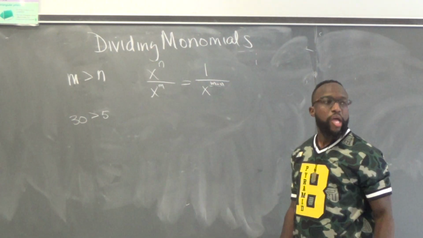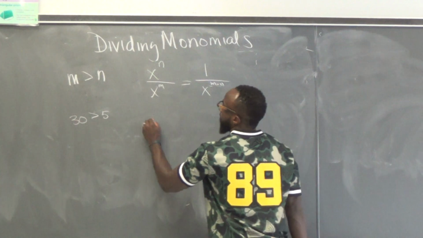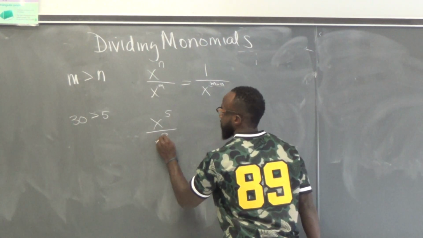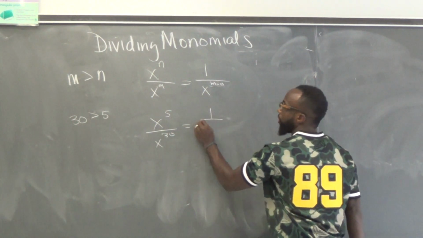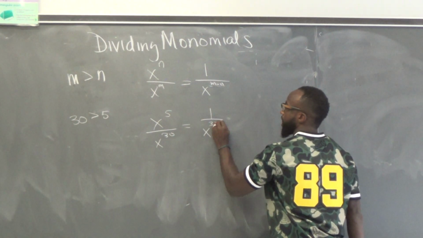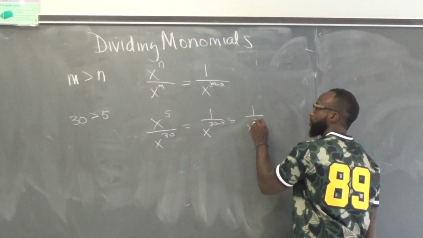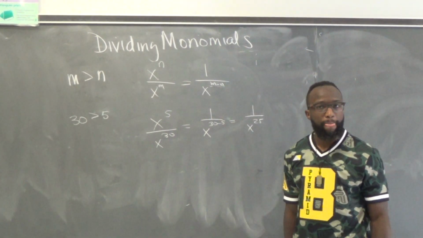What I'm saying is this: if you got x to the 5th over x to the 30th, you get 1 over x to the 30 minus 5, which would be 1 over x to the 25th power.